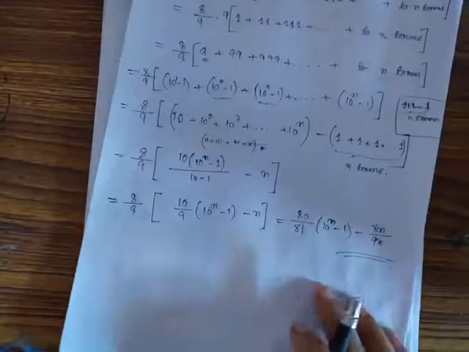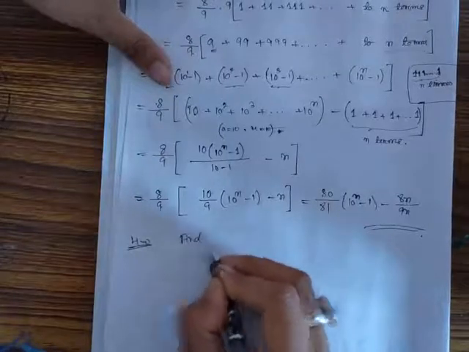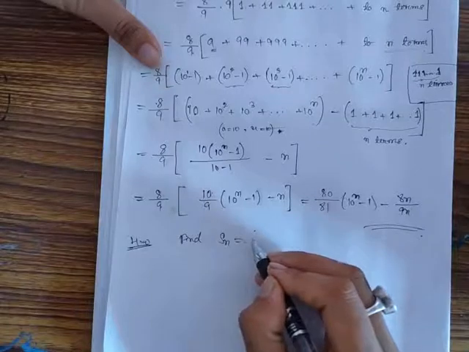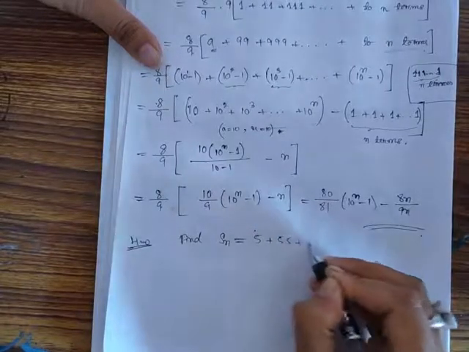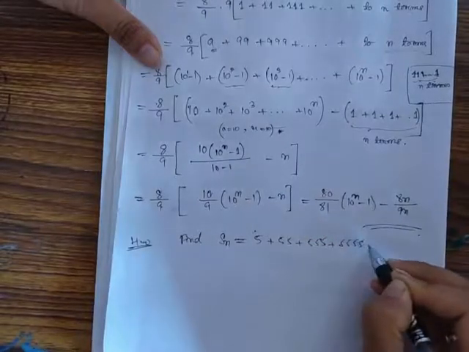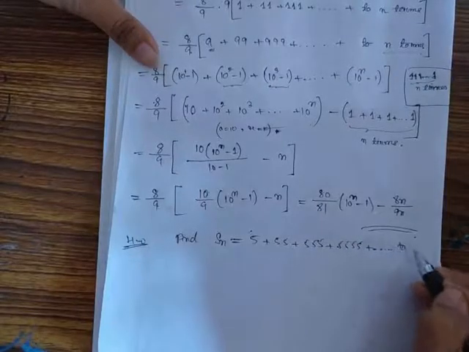So your homework, do a homework of yours. Find SN: 5 plus 55 plus 555 plus 5555 and so on, to n terms.